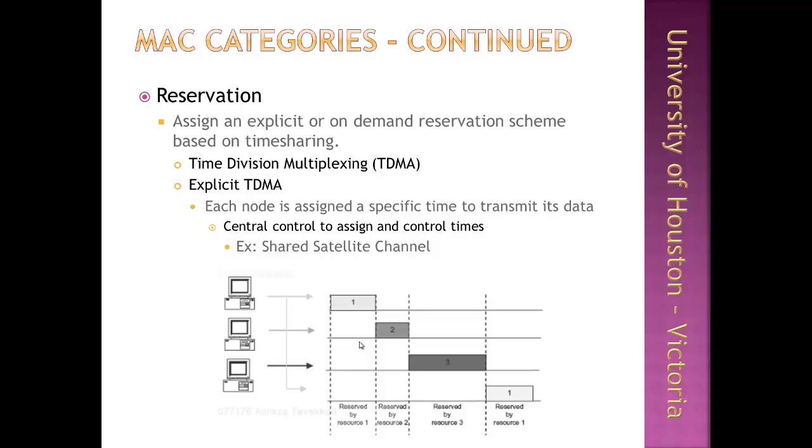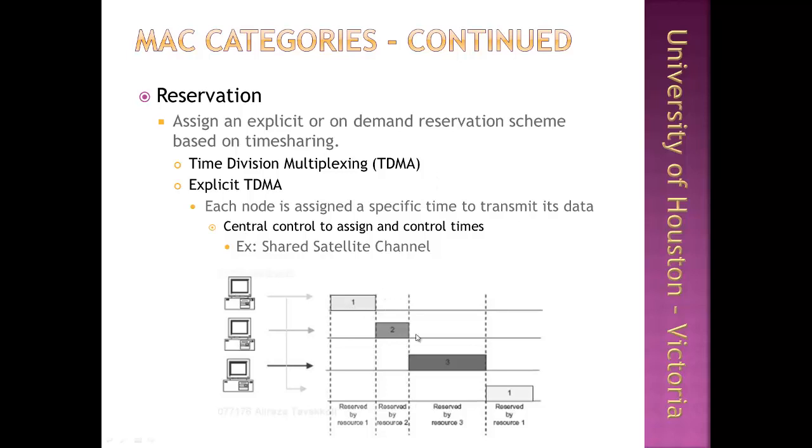So while computer 1 at the top here has more information than it can send into its own allocated time slot, it would have to send whatever it can while its allocated time slot is available.